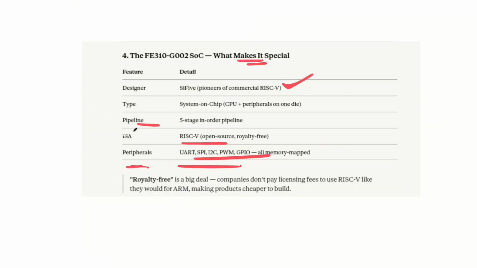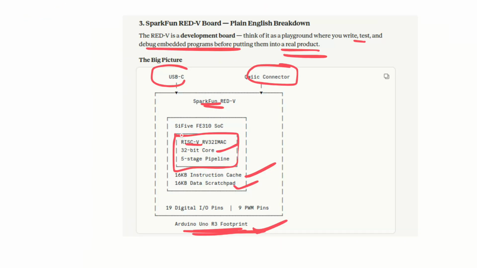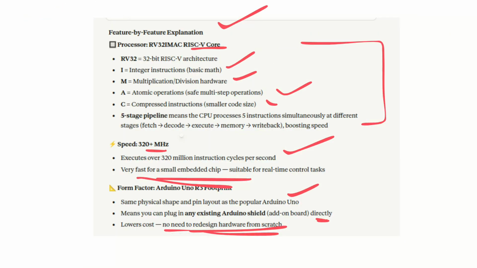The ISA is RISC-V, and peripherals are UART, SPI, I2C, GPIO, all memory mapped. So the type is system on chip and the designer is SiFive. This is the characteristic of this SiFive FE310 SoC. That you have to understand.